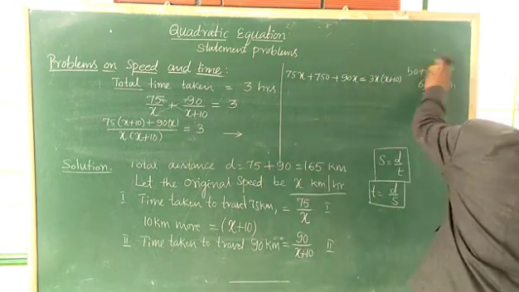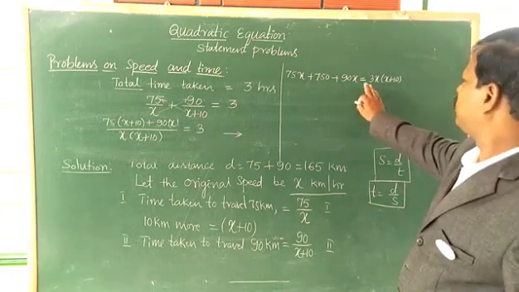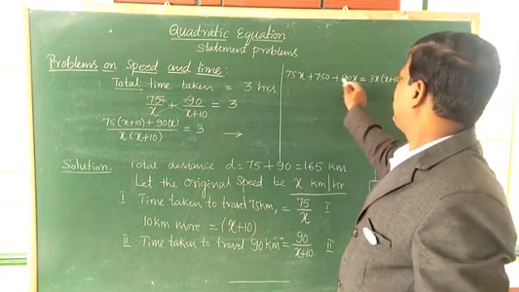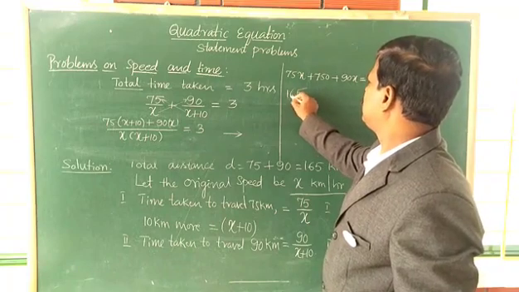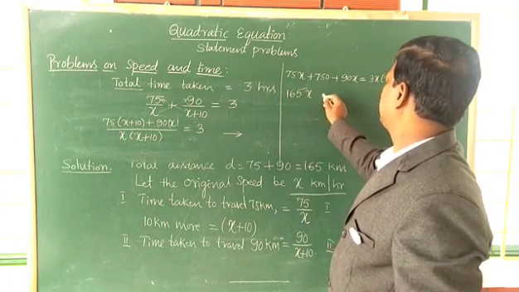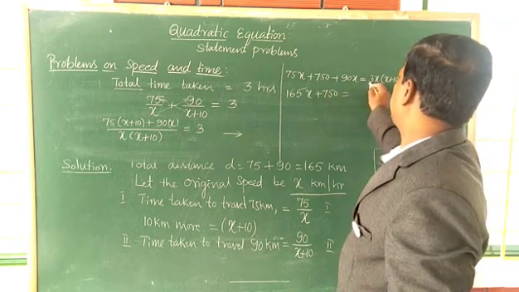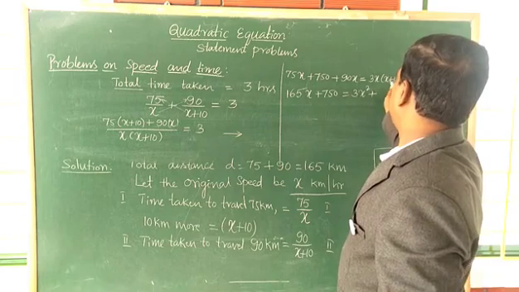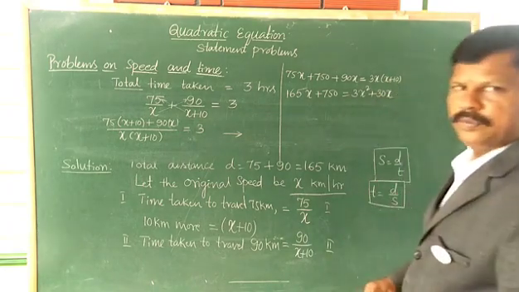Now 75 and 90: 5, 9 plus 7 is 16, so 165x plus 750. Now 3x into x is 3x square, plus 3x into 10, 30x.